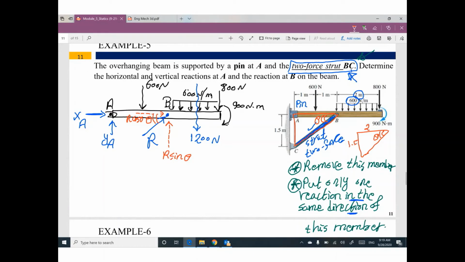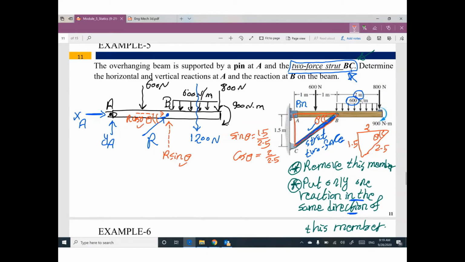So I can figure out the length of the third one: square root of 4 plus 2.25, which will be 2.5. So I can figure out sine and cosine. Sine theta will be 1.5 divided by 2.5. Cosine theta will be 2 divided by 2.5. So I can figure out these values.